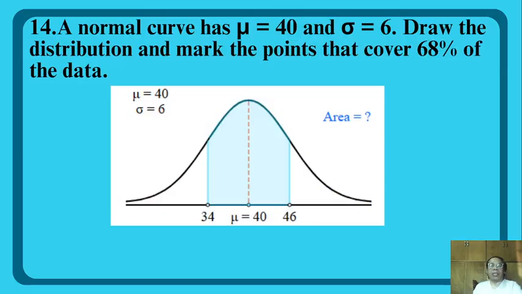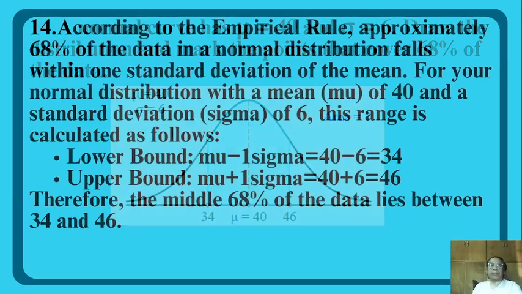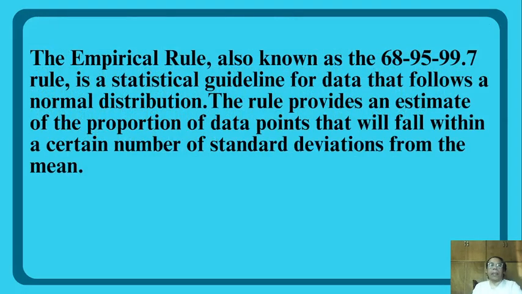Again, this drawing can be taken from our link easily. The empirical rule, also known as the 68-95-99.7 rule, is a statistical guideline for data that follows a normal distribution.